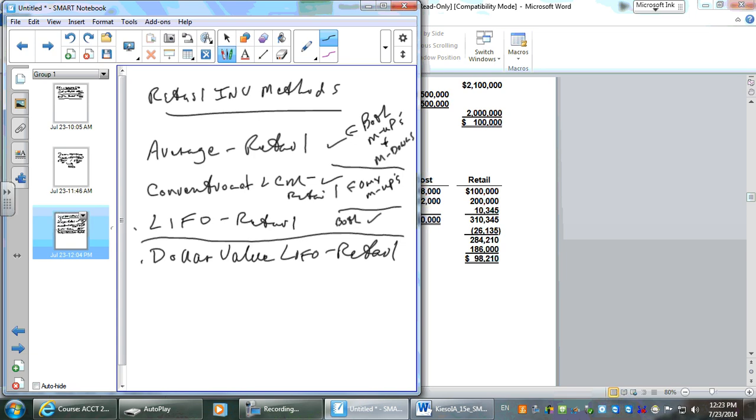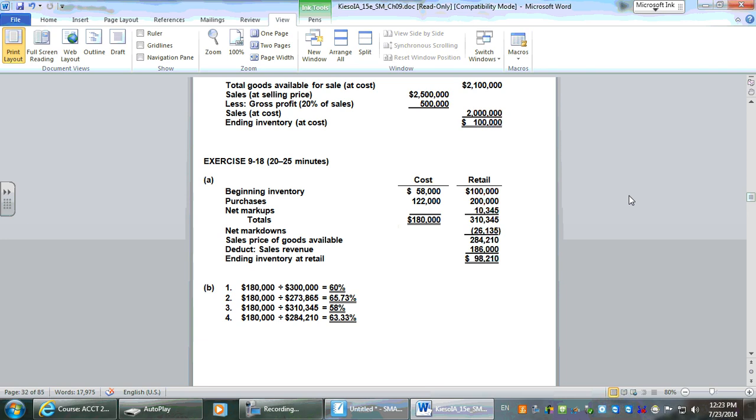What do you think will happen there? Let me look at this exercise for that. If I were to do percentages here on these things, is that what they did in Part D? Excluding both markups and markdowns. Excluding markups, excluding markdowns. Yeah, okay.